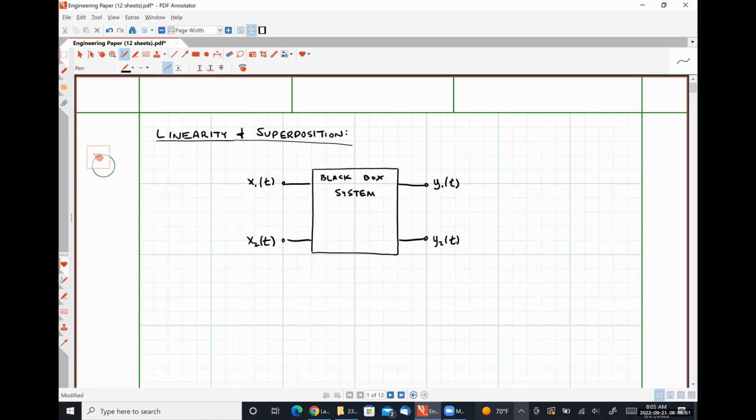Our system acts on our inputs based on what its transfer function is, where the transfer function h of x describes how the system acts on the inputs to generate the outputs. So in a linear system, the equation that governs how this thing behaves would look something like this.